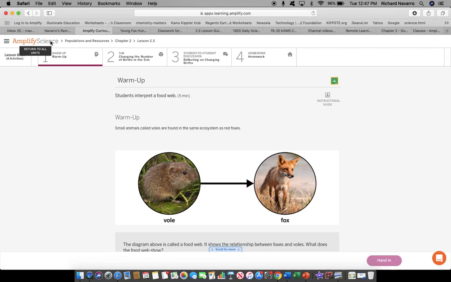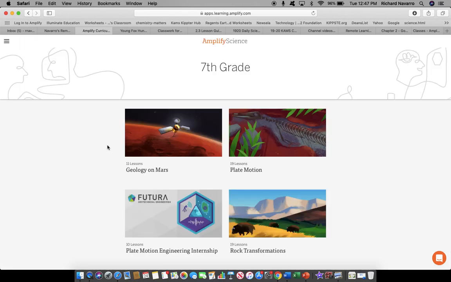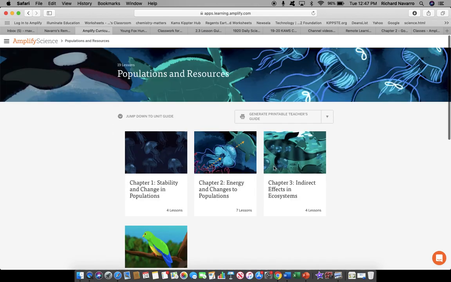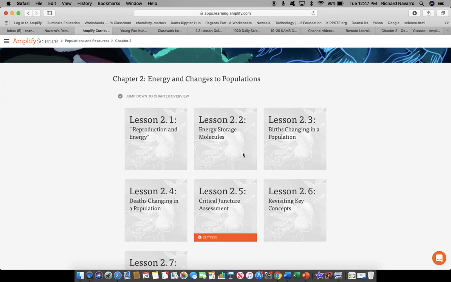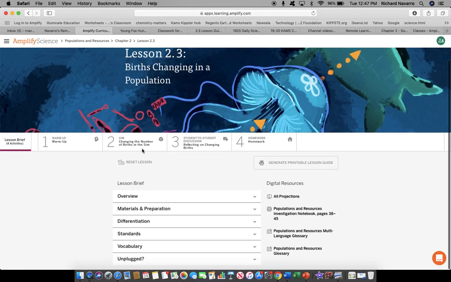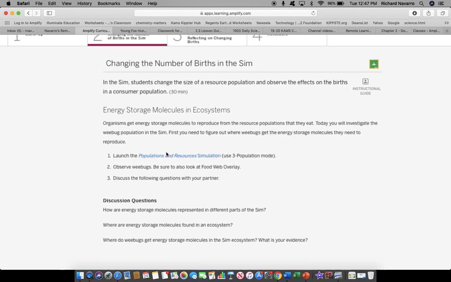As you can see, I am on 7th grade Amplify Science. I will find the Populations and Resources unit. I'll go to Chapter 2 and Lesson 2.3. The simulation is in Part 2 of the activity.